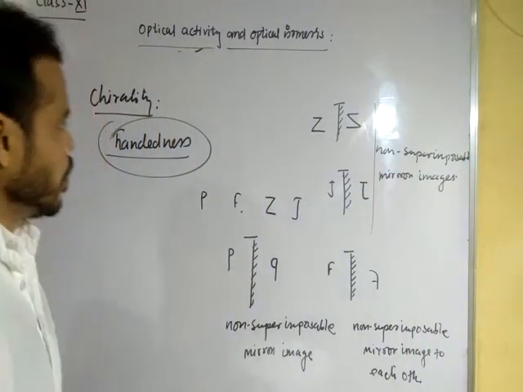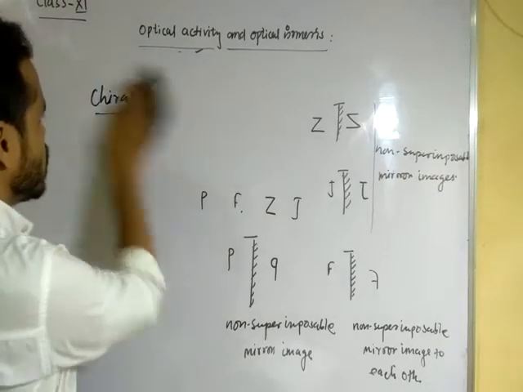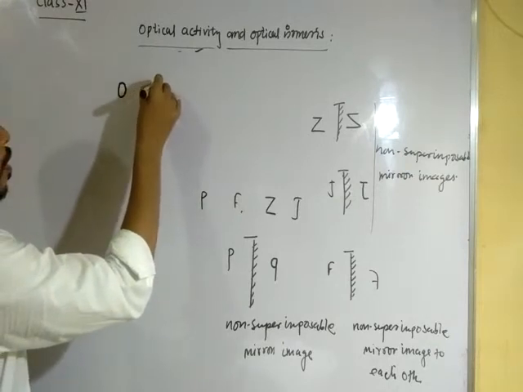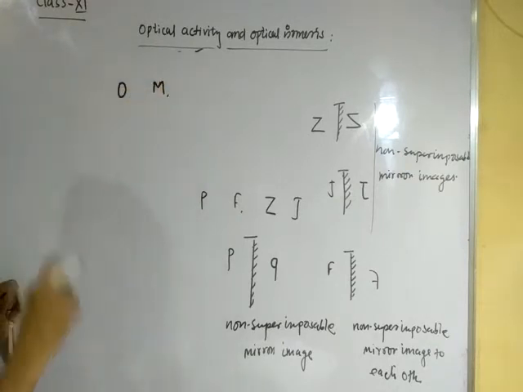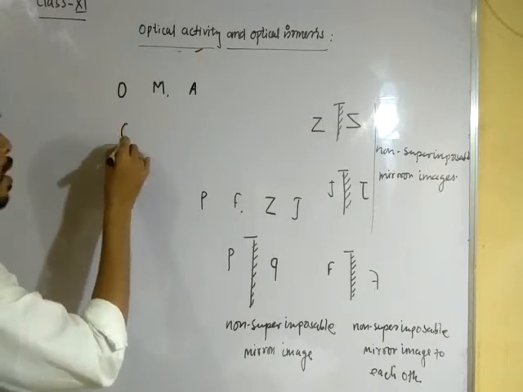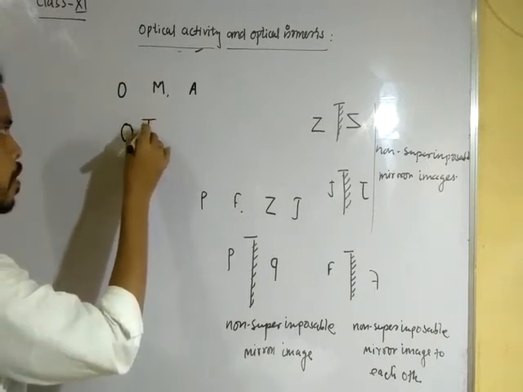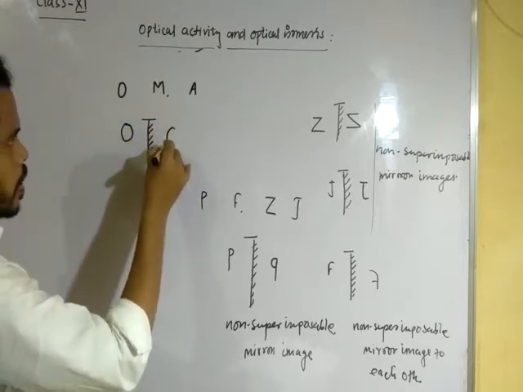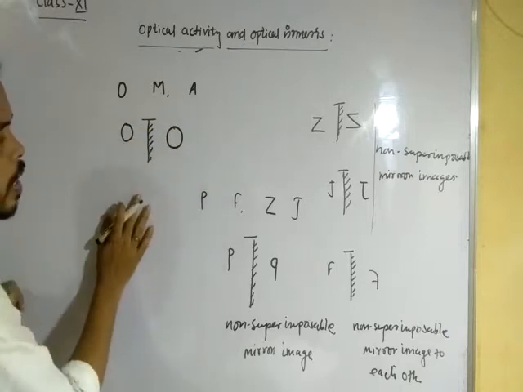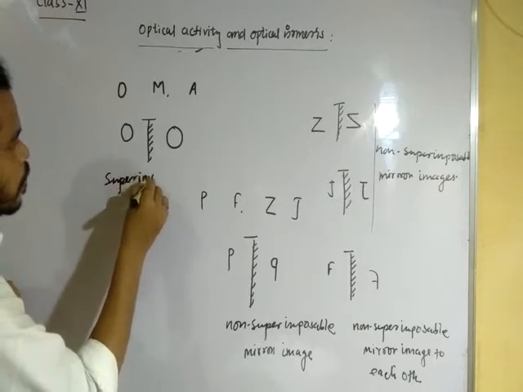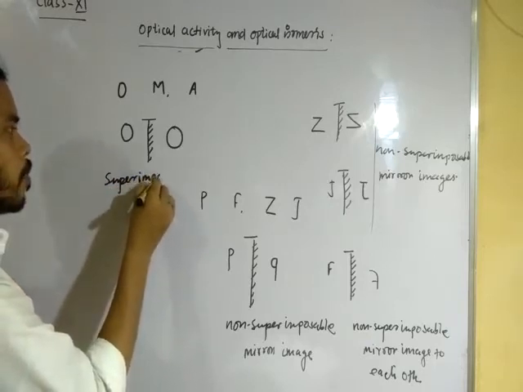But we also have some alphabetical letters like O, M, A, etc. When O is put in front of the mirror, the image formed is the same. This is the superimposable mirror image.